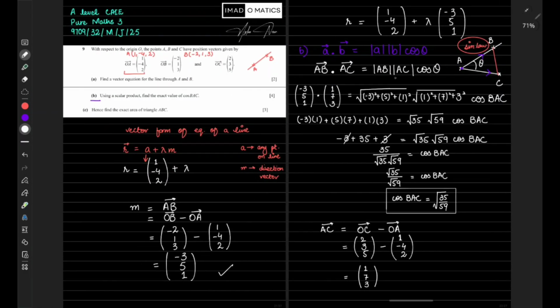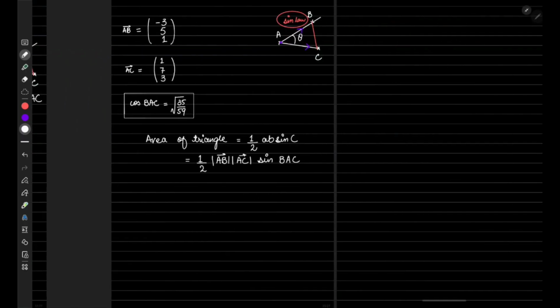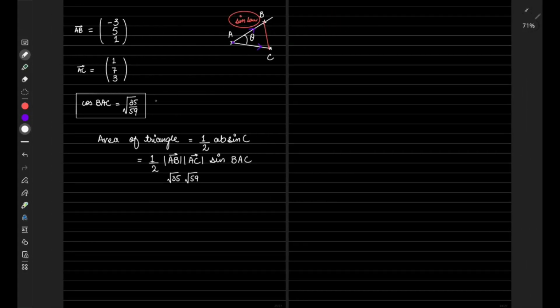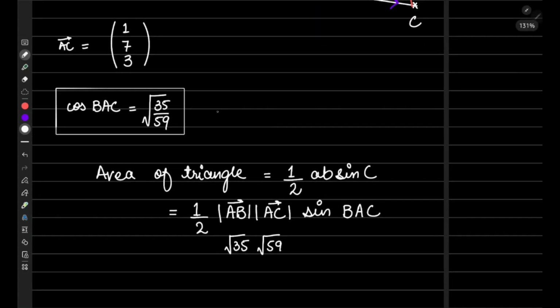Now we already have found AB and AC magnitudes. These are root 35 and root 59. And sine of BAC, we know the cos of BAC, so we can convert that to sine of BAC.